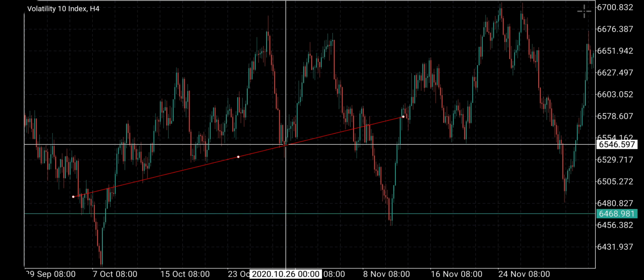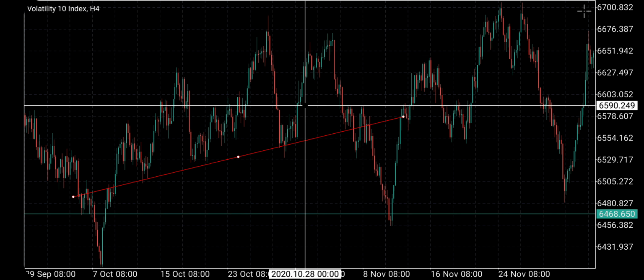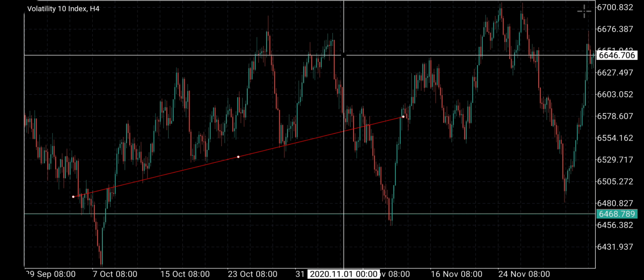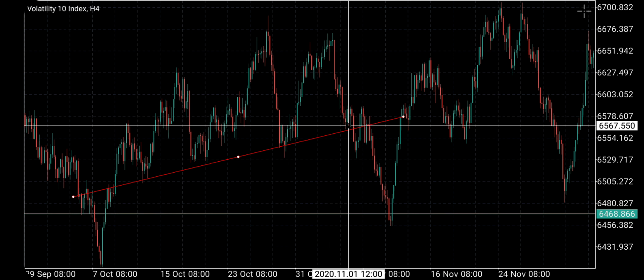So it comes back and tests that. The market comes down and finds support at the neckline again and then goes up. Now this high here is what we call shoulder number two, and then we have our head and shoulders pattern. It has formed the pattern.